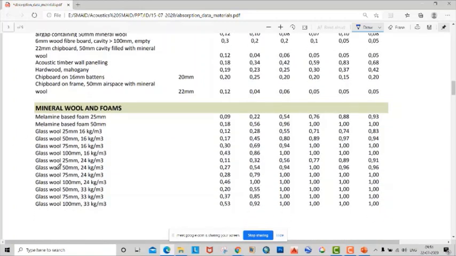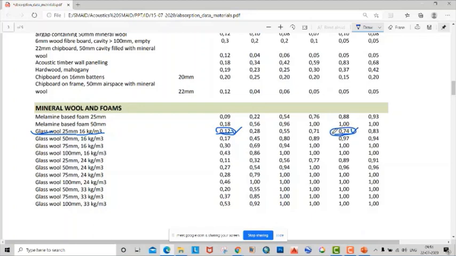Again, let's see some other examples. Yes, glass wool, that is again a very good sound absorber. Let's take an example of 25 mm glass wool, about 1 inch, and this is the density of glass wool. For lower frequency, it is not performing well. This is again kind of reflective material. But for higher frequency, if you see at 4000 Hertz, this is a very good sound absorber. 74% energy is getting absorbed.